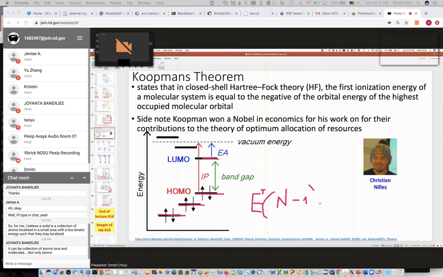So if we ionize the system, what is ionization energy, ionization potential, IP? Joanta, can you please comment how you would experimentally measure the ionization potential, ionization energy of a molecule, if you're interested?